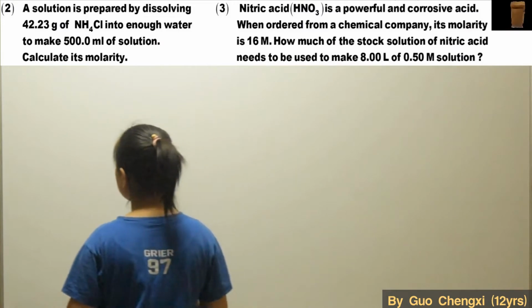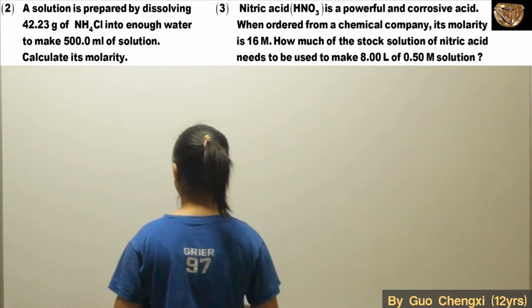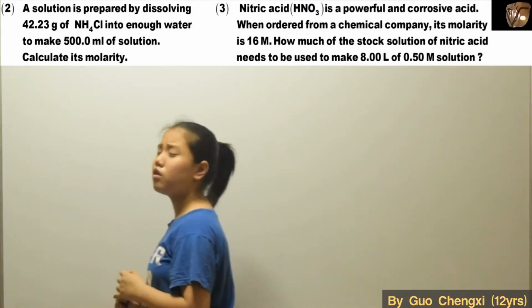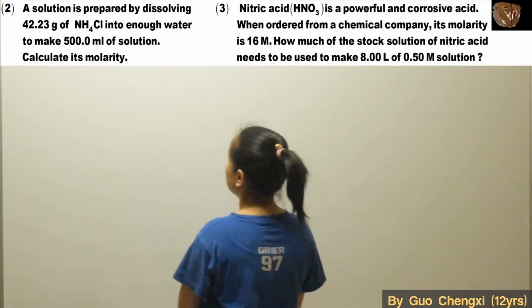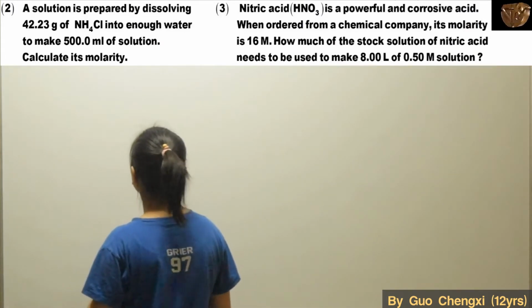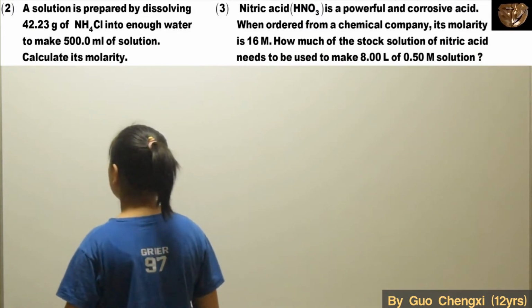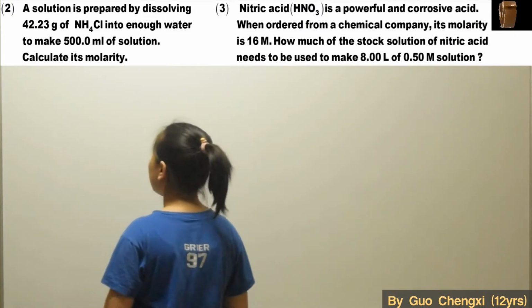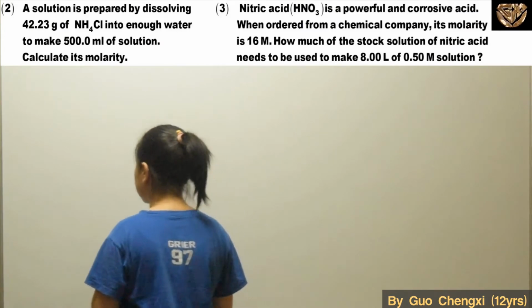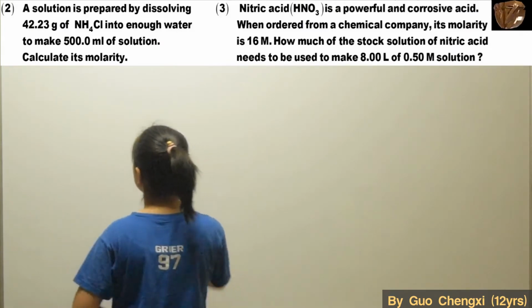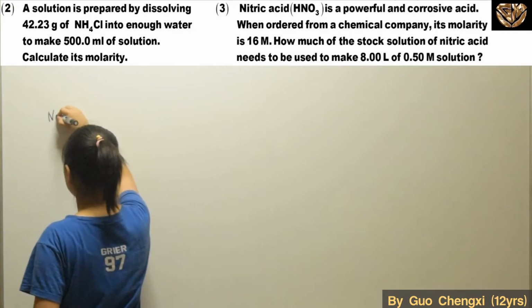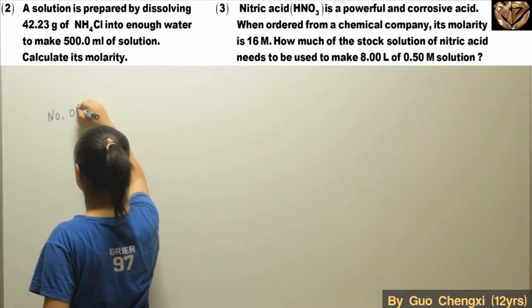As you can tell, molarity equals the number of moles of the solute over the volume of the solution in liters. So we mainly have to find, first, the number of moles of the solute.